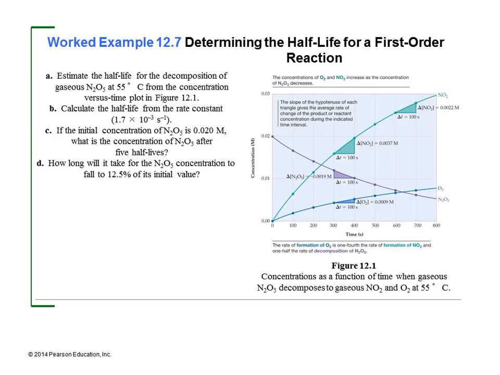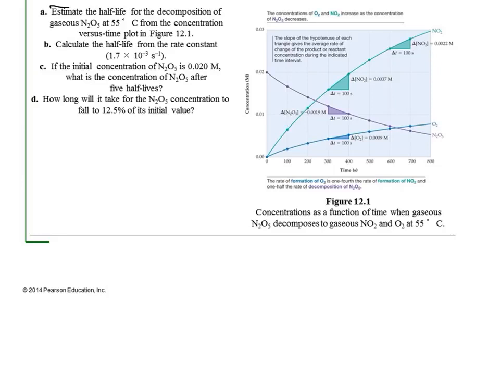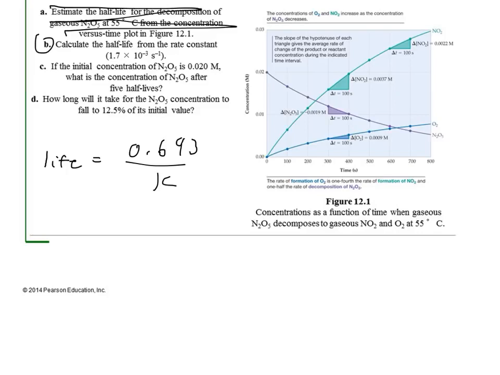All right, let's take a look at some of these examples here. I don't want to do all of them. For example, I'm going to skip this one here in the interest of time. Let's skip straight to B. Calculate the half-life from the rate constant. We know that the half-life equals 0.693 divided by k for a first-order reaction.